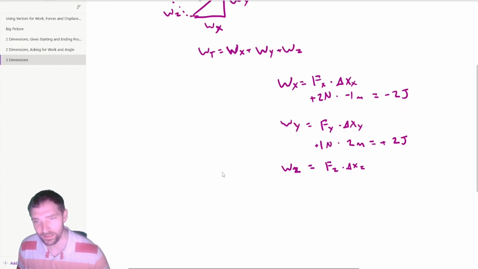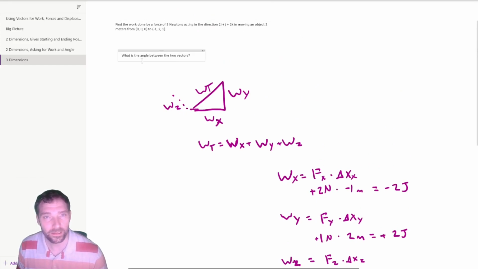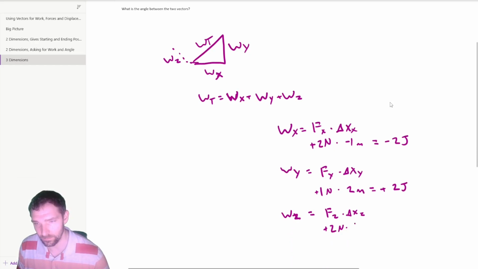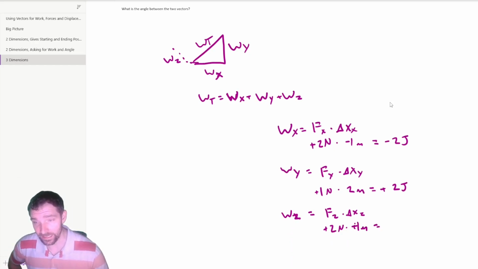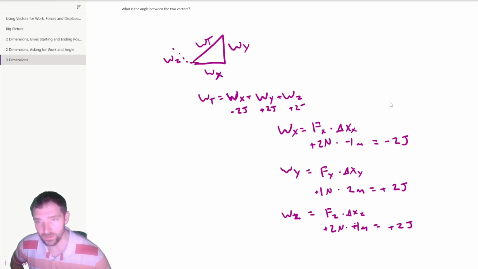It's going to be +2 newtons for that k component there, and then +1 meters for that displacement component. And so these end up adding together, so we end up getting +2 joules in the z. If we plug in the numbers here, we've got -2 joules, +2 joules, and +2 joules. So the work total overall is going to be, in this case, 2 joules.